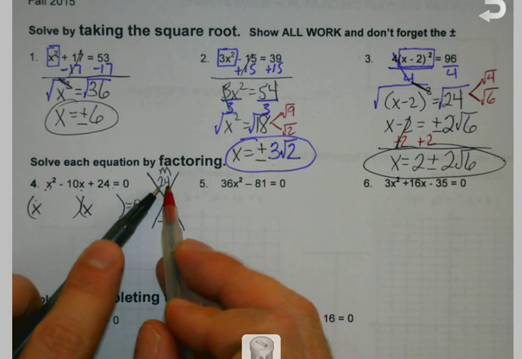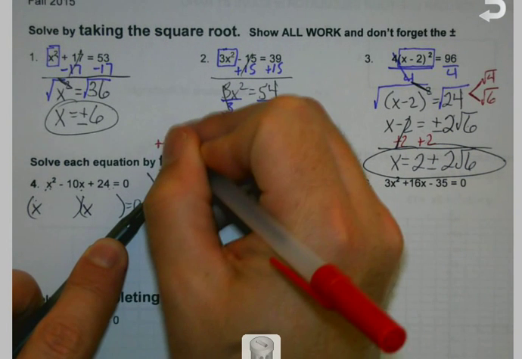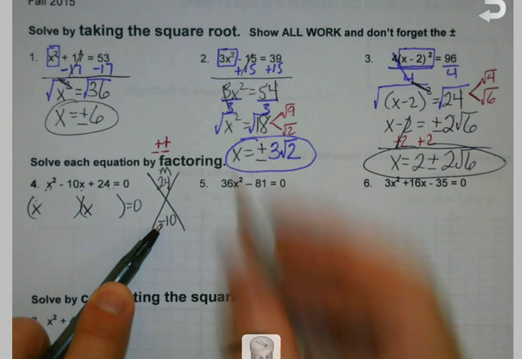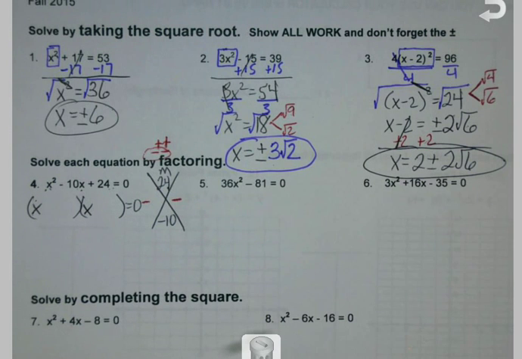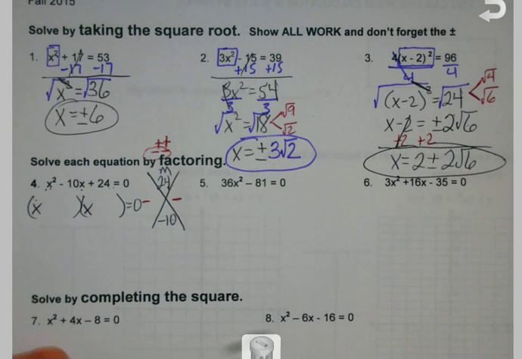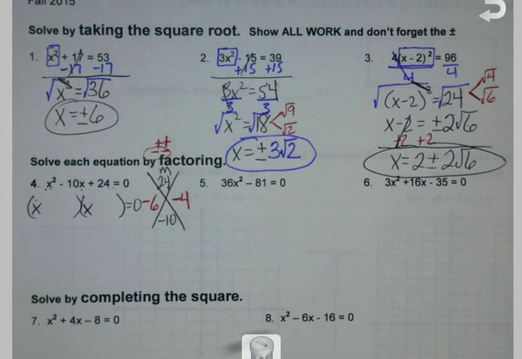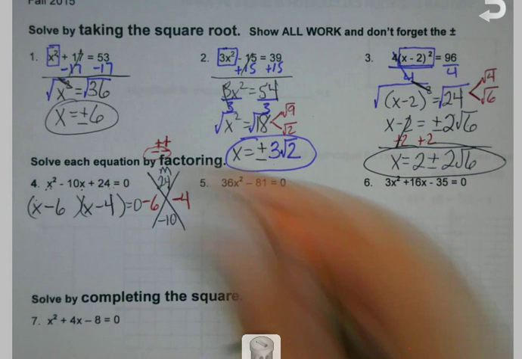When I multiply to get a positive, they're either both positive or both negative. Since they add to a negative, both numbers have to be negative. So I need 2 numbers that multiply to 24 and add to 10, and as I've already mentioned, that would be 6 and 4. So I put my minus 6 and my minus 4 over here.